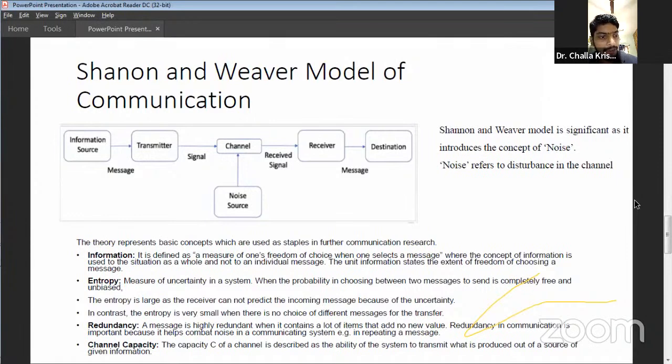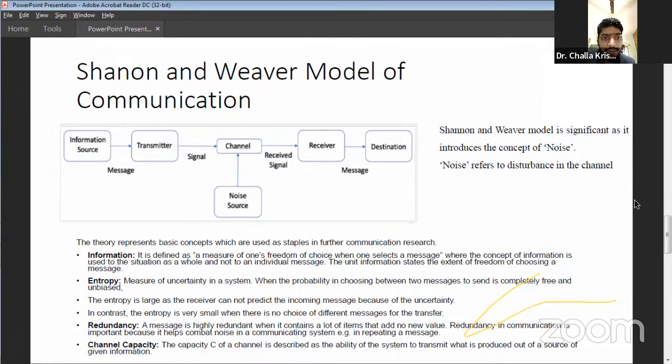So this is the Shannon and Weaver model, where you have an information source, transmitter, channel, receiver, and destination. When the message is going through the channel, the noise is disrupting it. That is something you have to keep in mind. This model gives more importance to noise.